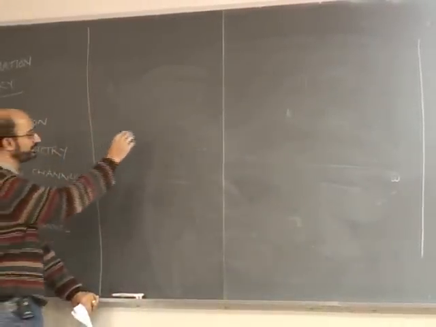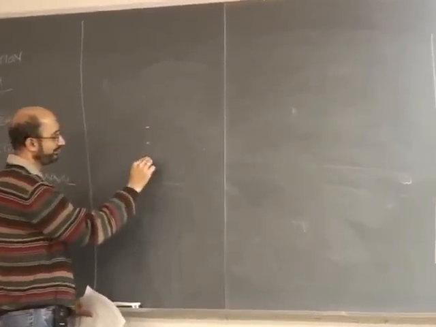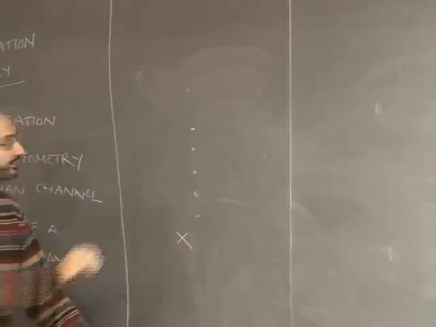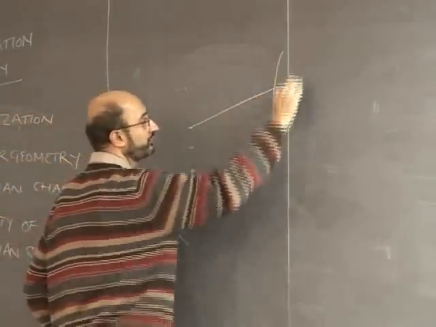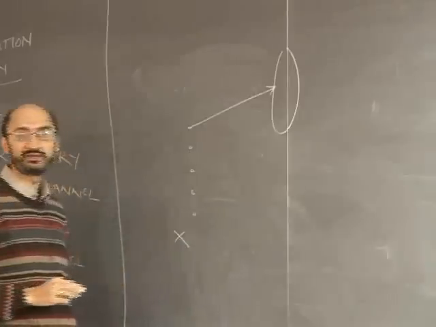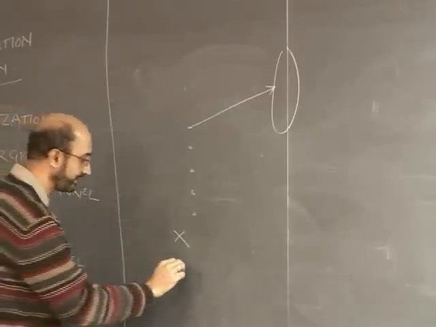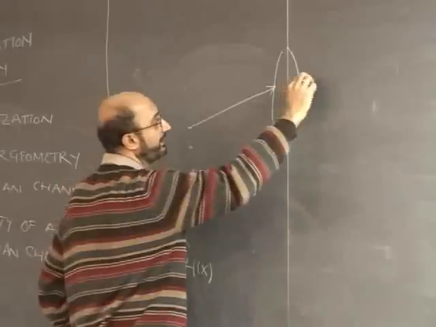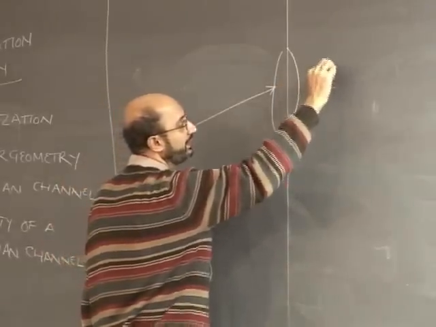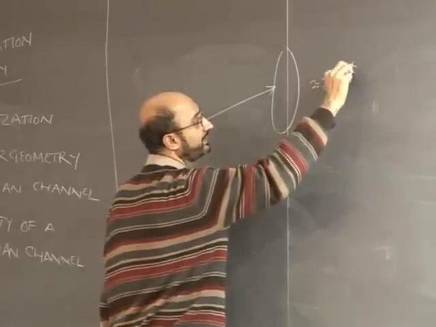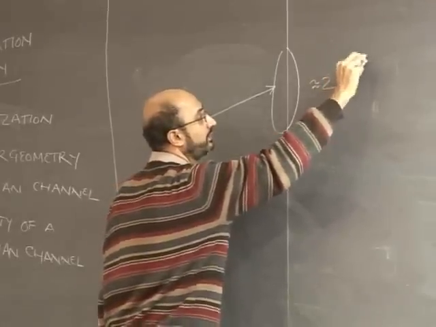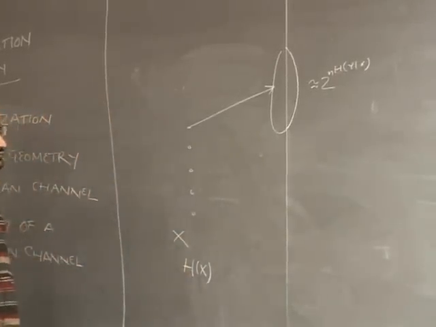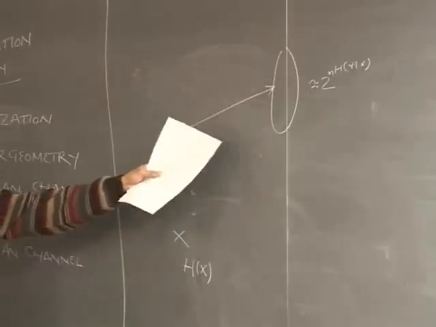So last time we studied this notion, and I drew this picture where we had the x, the signal values, and we said that the effect of the channel was to map each point into a set. Okay, and we said that the h of x was the entropy of this system over here, and this set had approximately 2 to the n h of y given x, where n, we had n symbol values in here.